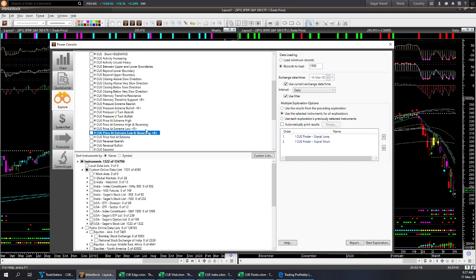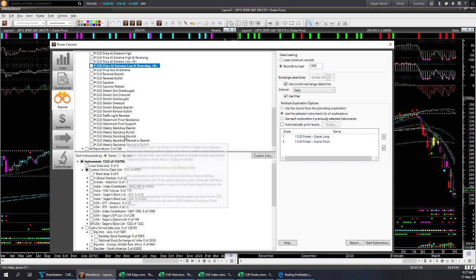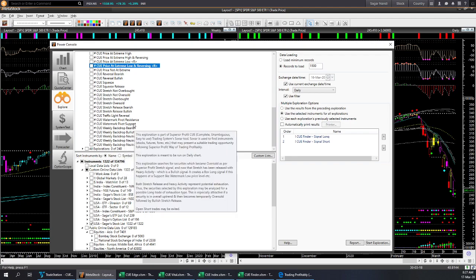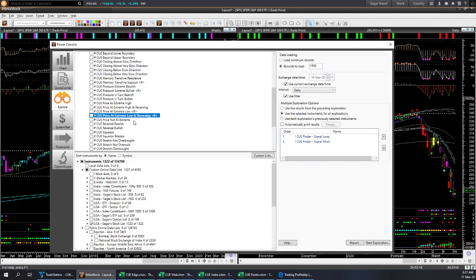Or I could look for stocks that are at weekly memory support. Where is weekly memory support? Memory trendline support. And for weekly, I can simply switch the time frame interval in Metastock to weekly. I can search for stocks that are hitting memory trendline support.